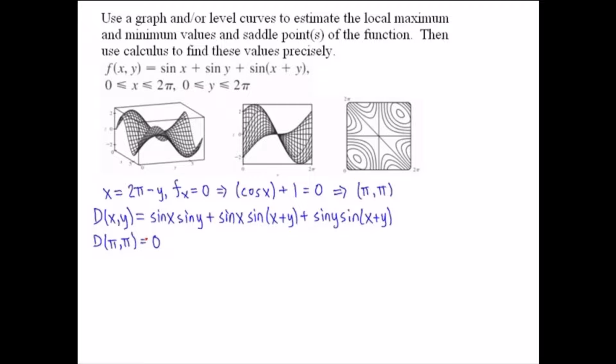However, our function f of (x, x), where y is equal to x, is equal to two times the sine of x plus the sine of 2x, which is equal to two sine x plus 2 sine x times the cosine of x.